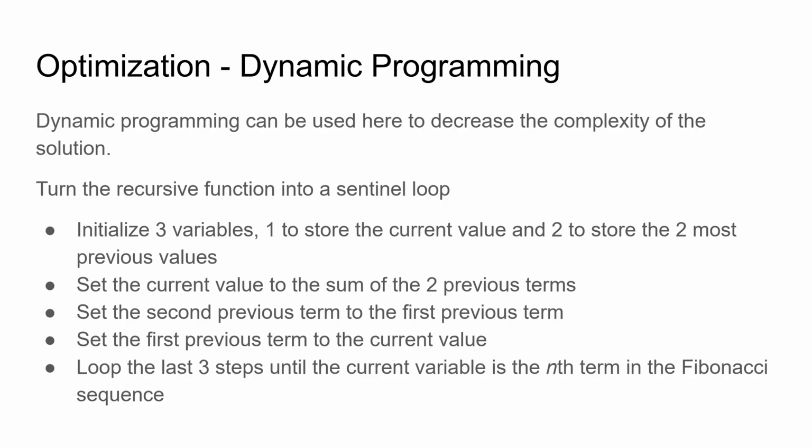The base case is we're going to set the 2 previous terms to 0 and 1, and then we're going to repeatedly add those together to the current value, and then switch the values when the current value is found, until this is repeated n times, and then that will result in the current value being the nth Fibonacci term at the end of all these loops.